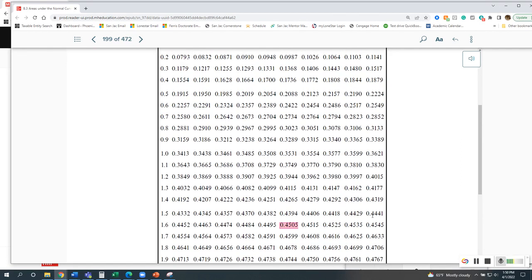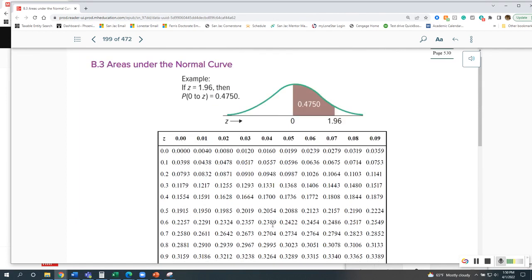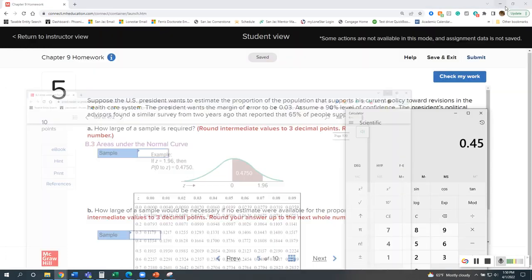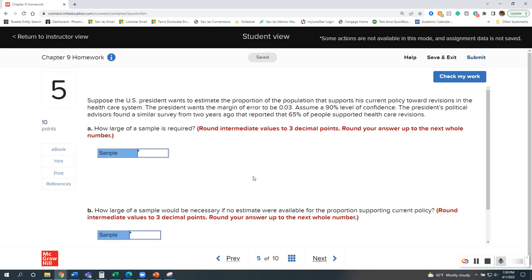So close. Looks like right here would be it, 1.64. Okay, almost there. 1.64 for 90%. Alright. So, now that I know my z value being 1.64, we're going to go ahead and insert everything.